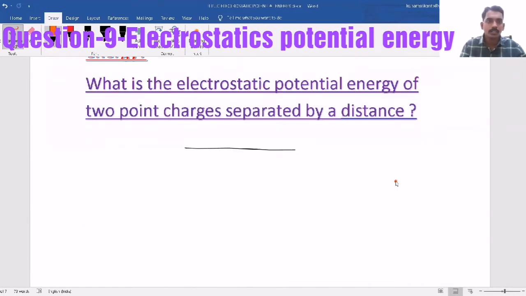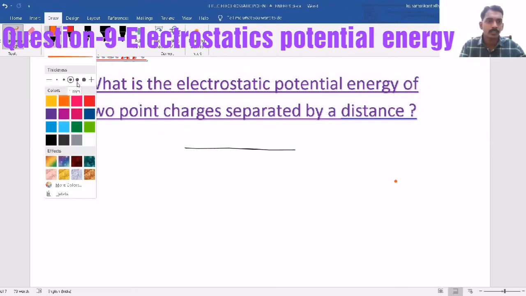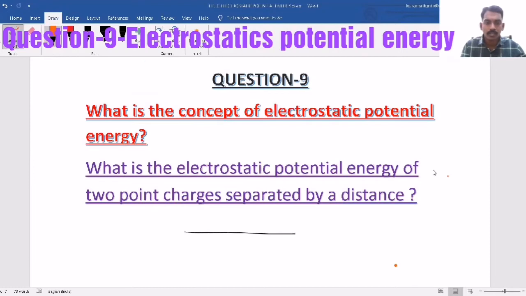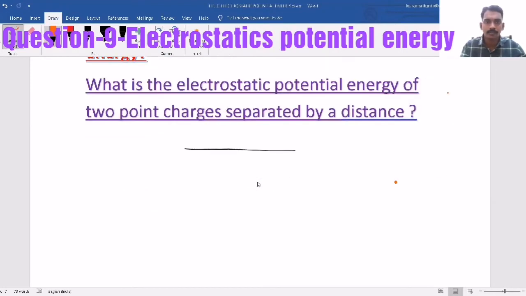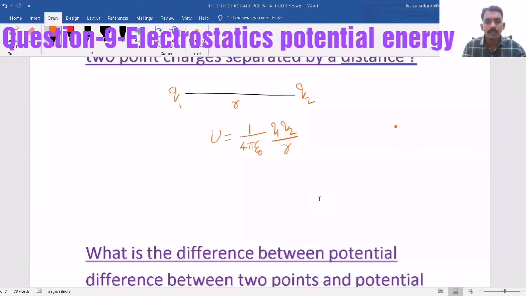Consider 2 point charges separated by a distance r. Let's take the charges as q1, q2. The distance is r. Then the electrostatic potential energy of the system is 1 by 4 pi epsilon naught q1 q2 by r. This is in the absence of external electric field.